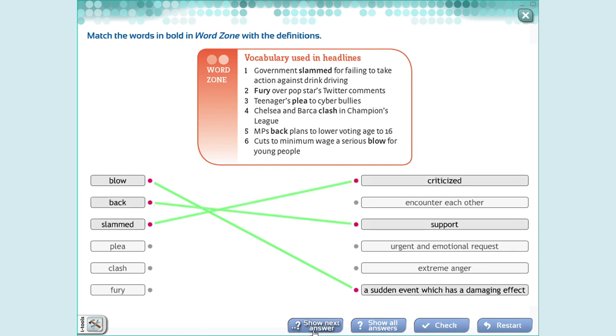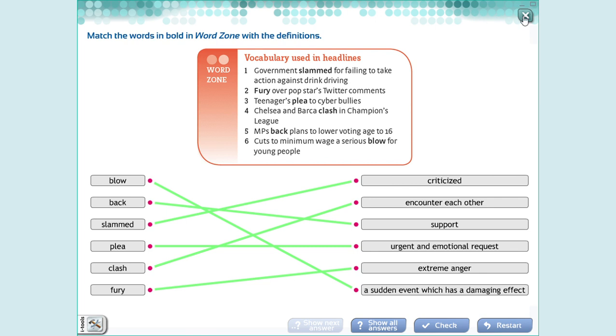Back refers to support, slam refers to criticize, plea refers to urgent and emotional request, clash refers to encounter each other, and fury, extreme anger. Furia is fury.